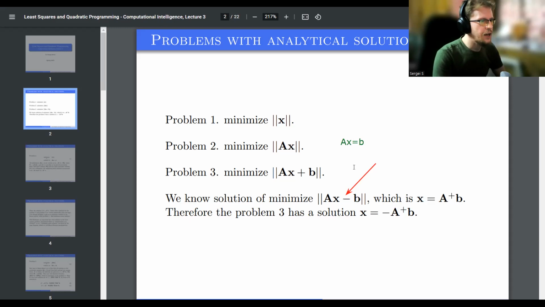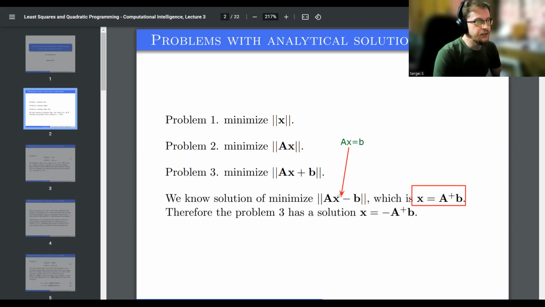This problem, right? And from that, we got into this minimization, and we know how to solve it. How do we solve it? Well, we solve it with the pseudo-inverse. That is a solution to the least squares problem. We say x equal to A pseudo-inverse b. That is a solution to this problem.